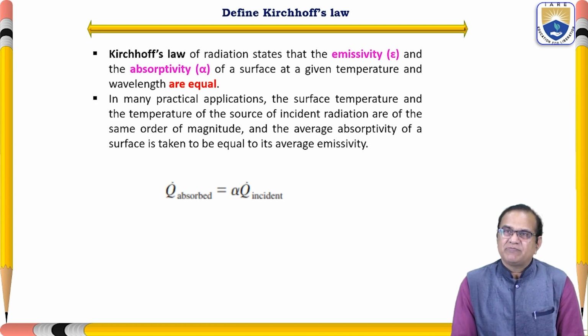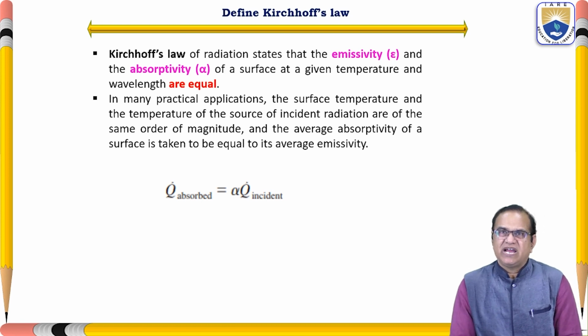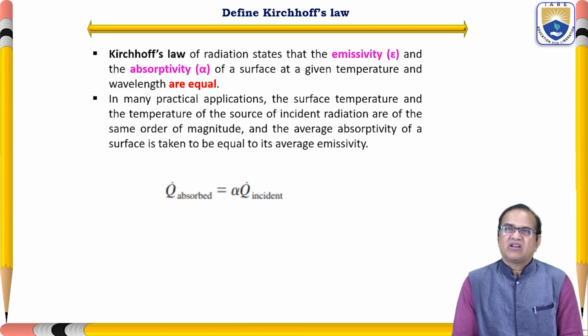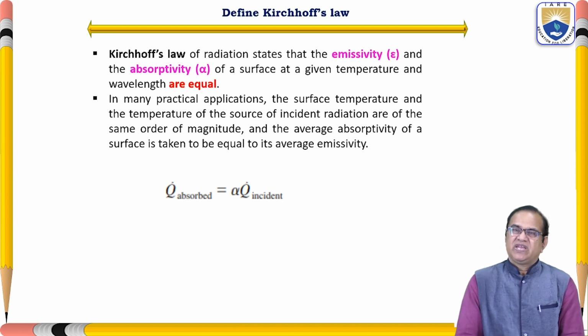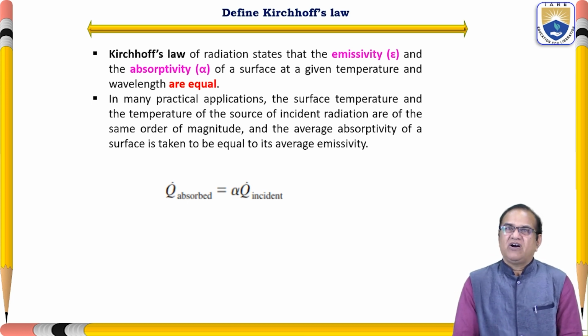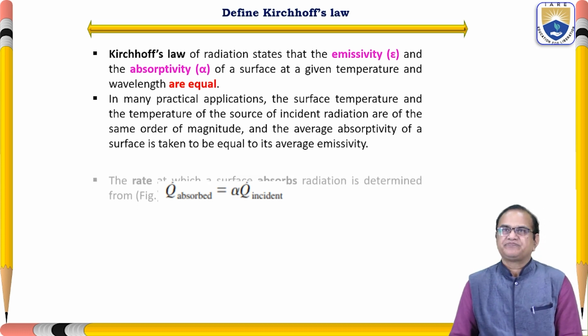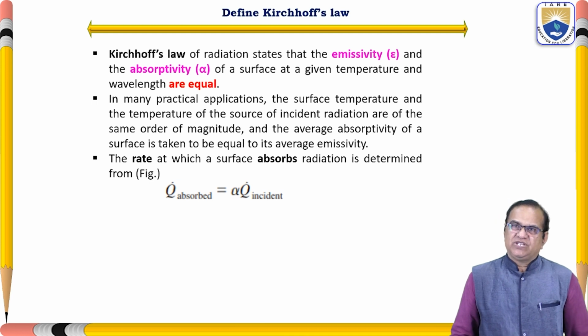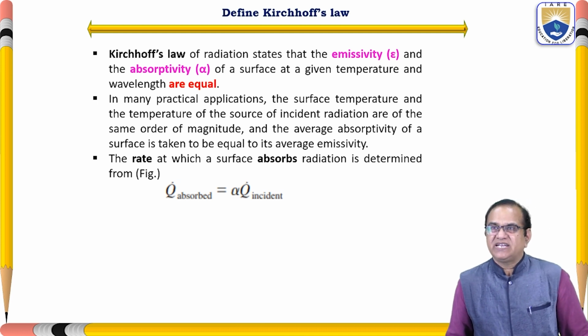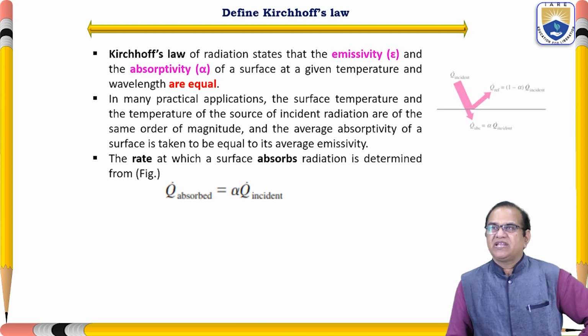In many practical applications, the surface temperature and the temperature of the source of the incident radiation are of the same order of magnitude, and the average absorptivity of a surface is taken to be equal to the average emissivity. The rate at which a surface absorbs radiation is determined from the figure here.